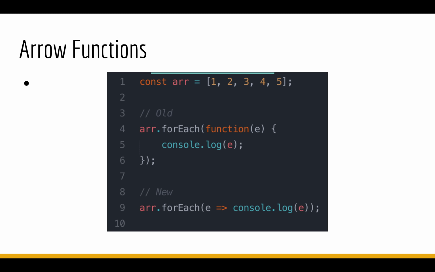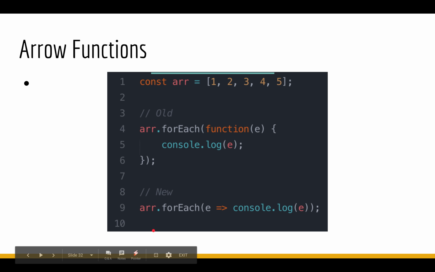So again, if we look at the implicit returns, here are some examples. We have this array.forEach. This is just going to iterate over everything. With a function declaration, the old style, we would have to write it out like this, and this takes up 3 lines of code, and there's a lot of just extra stuff: function, e, and then having the curly brackets and all this extra room.